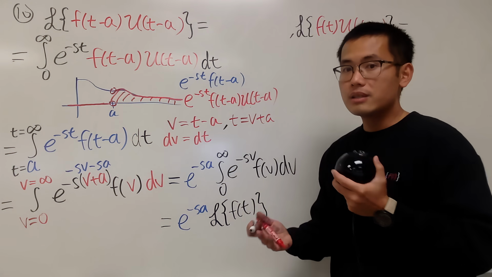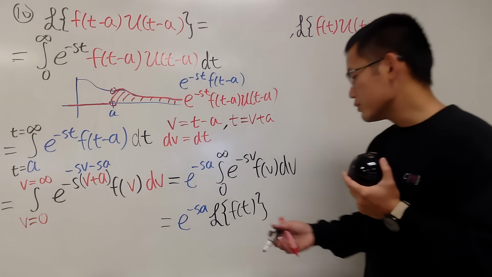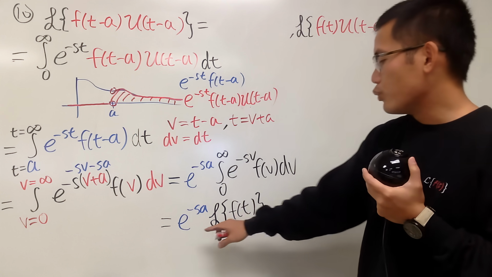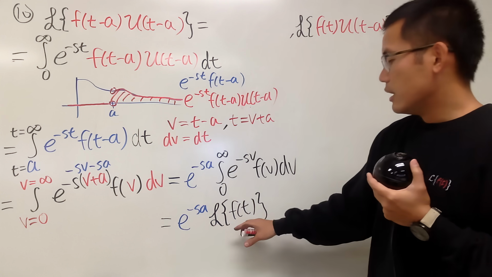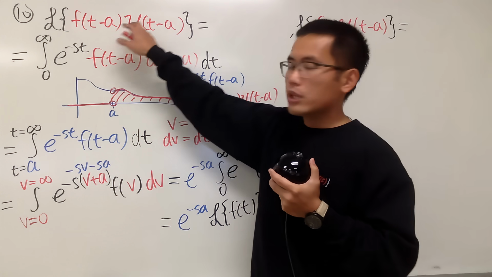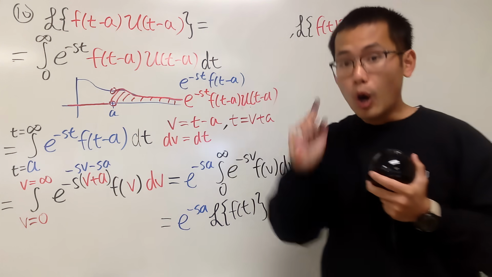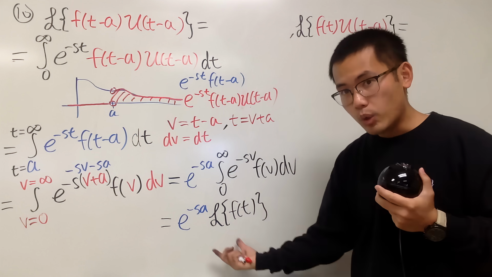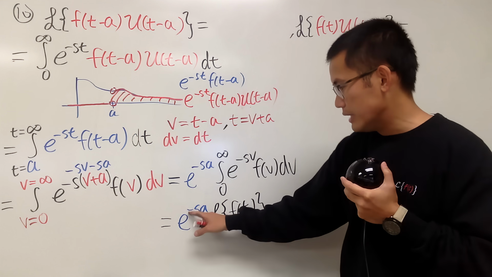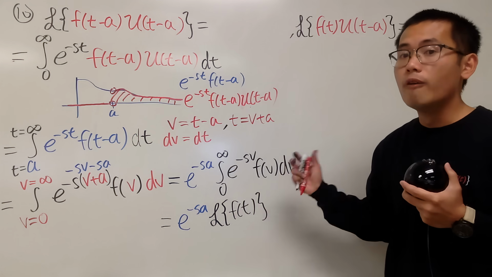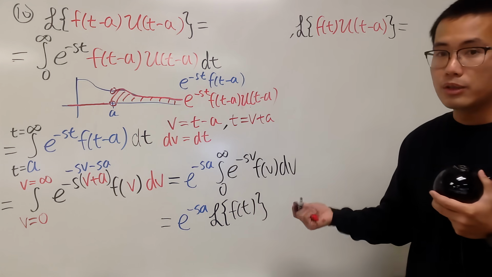So this right here is just the translation formula. So all you have to do is, when you have the function multiplied by the unit step function, if they have the same input, all you have to do is, in the s world, be sure you multiply by e to the negative sa, and then you do the Laplace transform of the original function. And that's pretty much it.